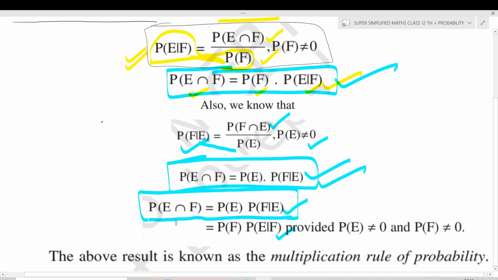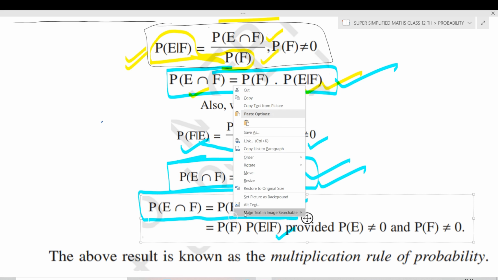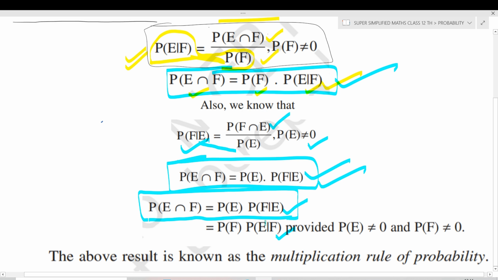P of E intersection F means two events E and F occur simultaneously, one after the other. In what manner? First we are writing P of E intersection F is equal to probability of E, that means event E occurred. Then we are writing F by E, that means then F occurred, knowing that E has already occurred.